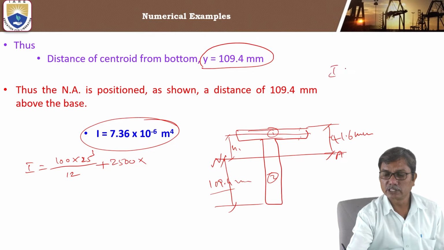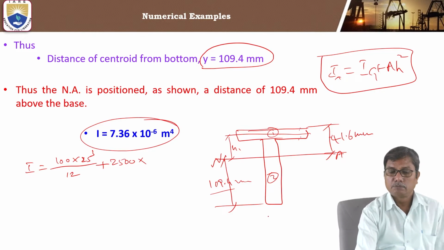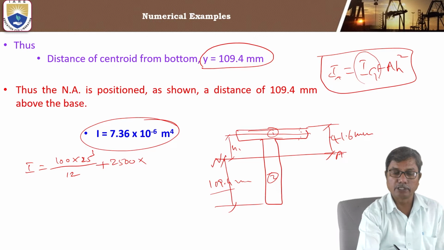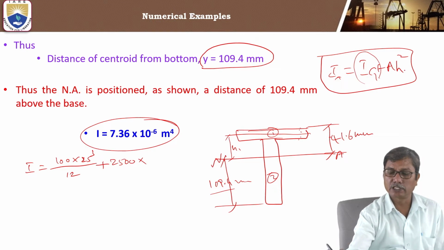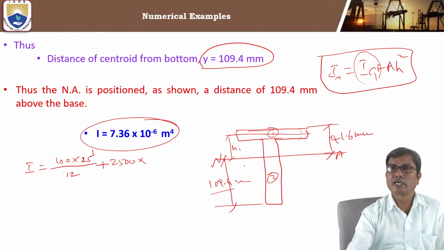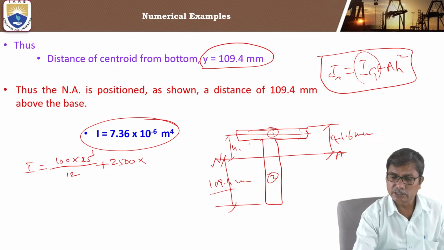So moment of inertia about any axis is moment of inertia about centroidal axis plus AH square. This is the parallel axis theorem. Moment of inertia of the flange portion about its centroidal axis is BD cube by 12 plus AH square. Area into H, where H is the distance between the axes, and in this case H1 is 41.6 minus 12.5.